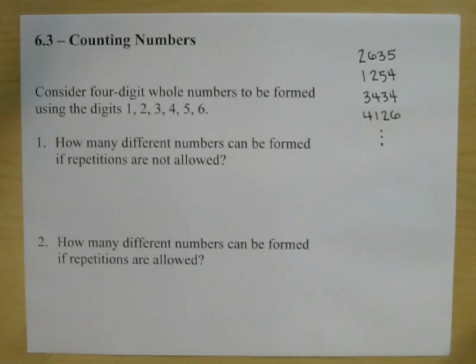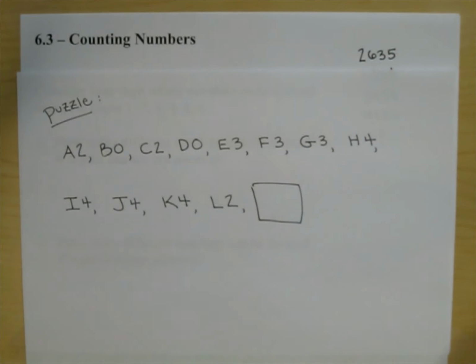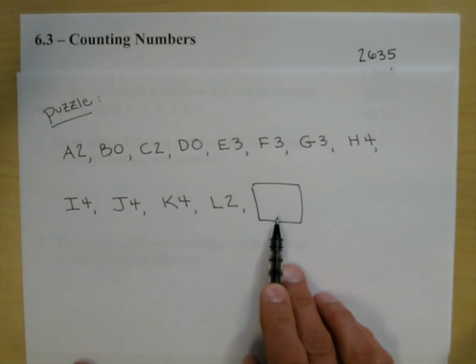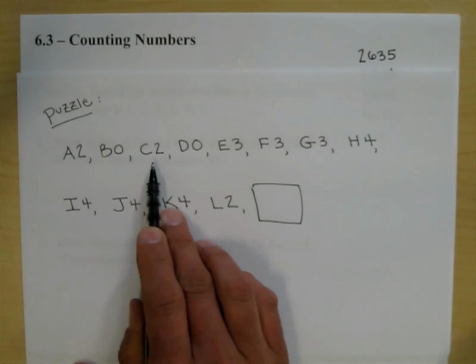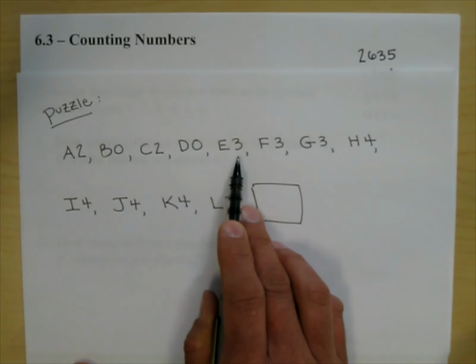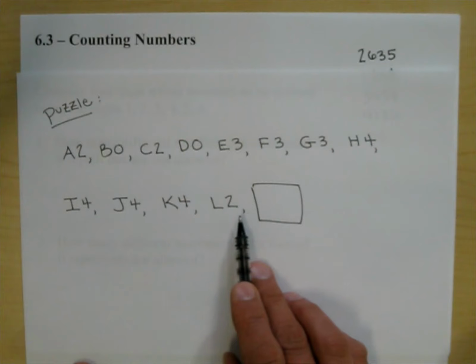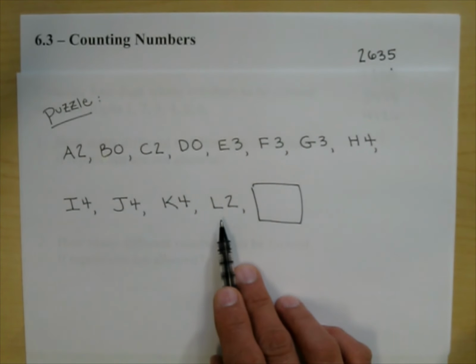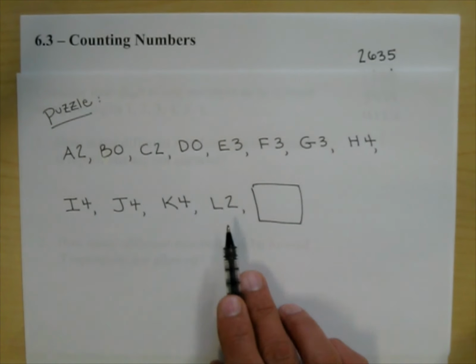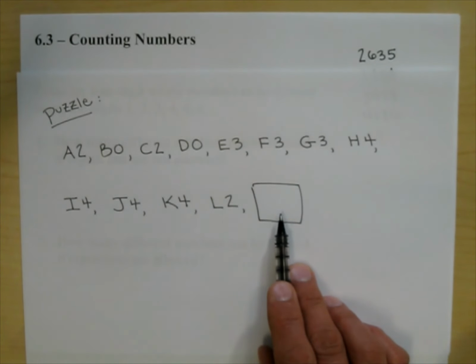Before we get to that, the puzzle for this lecture is this. Figure out what goes in the box. A2, B0, C2, D0, E3, etc. And my guess is probably going to be that there's going to be an M, but what number follows that?